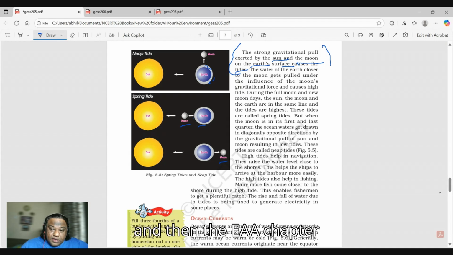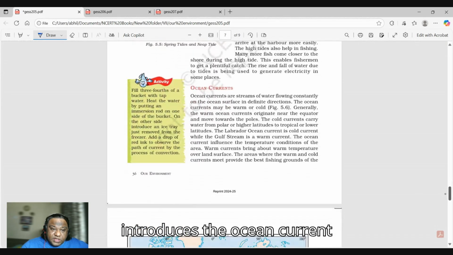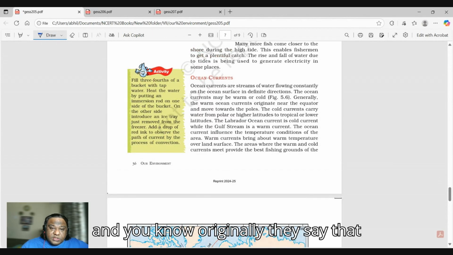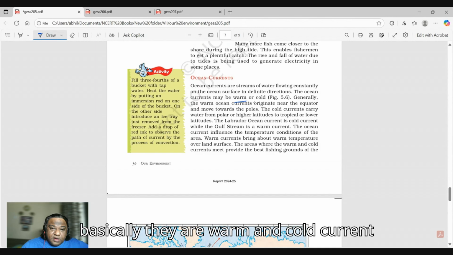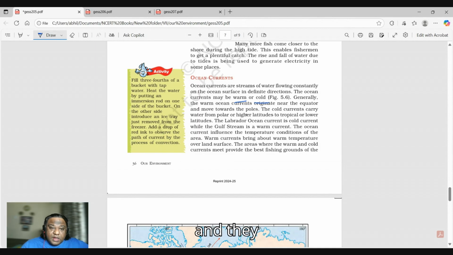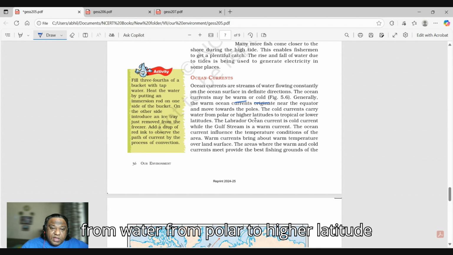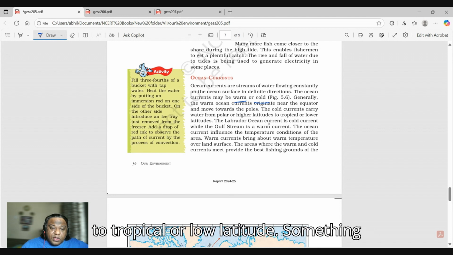And then the chapter introduces the ocean currents. Basically they say there are warm and cold currents, and they originate near the equator and move towards the pole. The cold currents carry water from polar to higher latitudes, to tropical or lower latitudes.